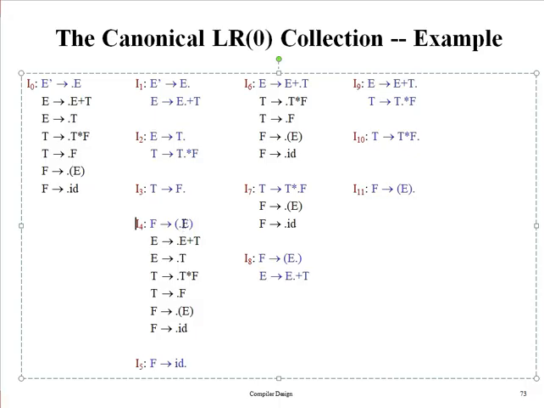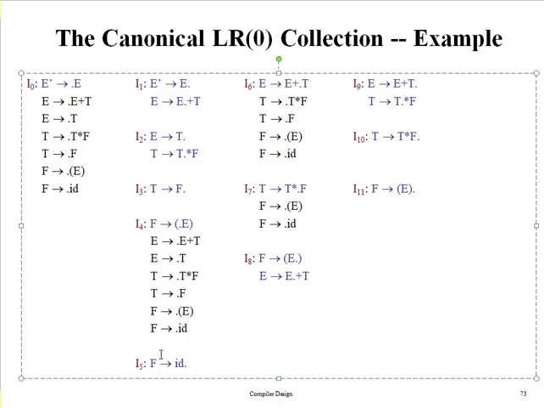Since we have non-terminal E after the dot, we should add the two production rules of E from the original grammar, placing the dot at the left end. Because of the T production, we should add the two production rules of T, and because of F, we should add the two production rules of F. After this, there is no need to add any more production rules.